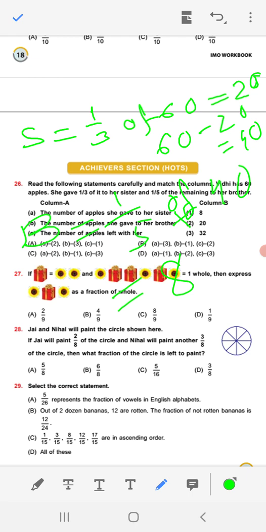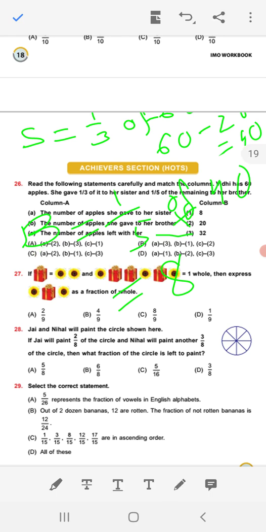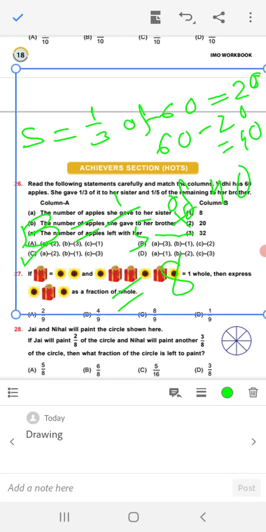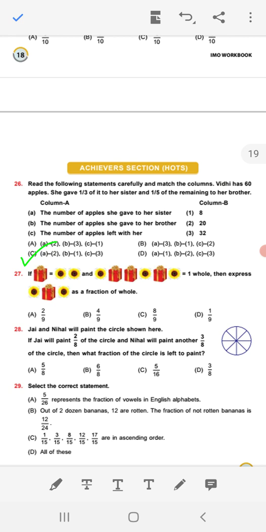Now C, the number of apples left with her, that is obviously 32, because 40 minus 8 remaining is 32. So which option is correct here? A number 2, B number 1 and C number 3, that is option C. So our correct answer for 26 is C.